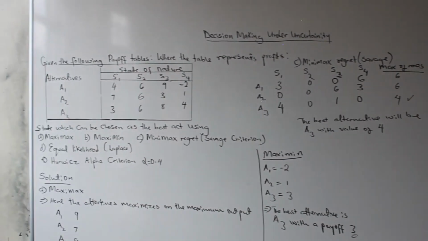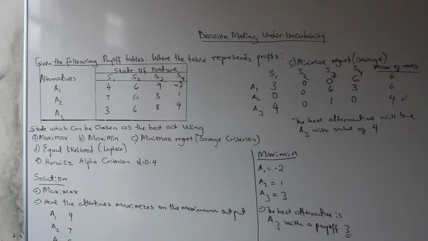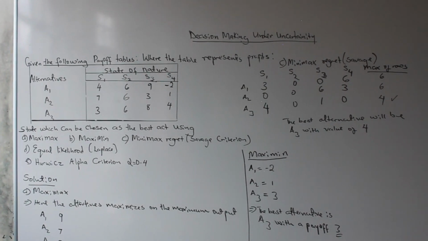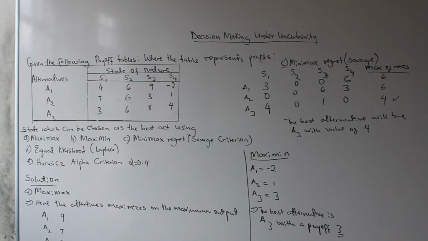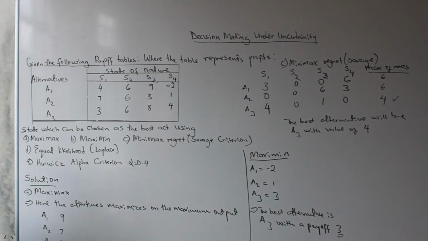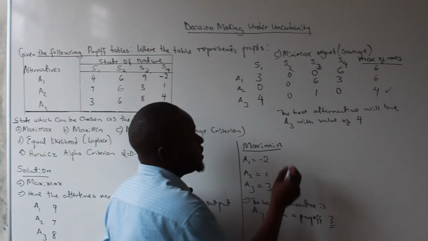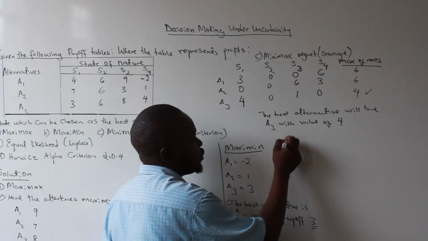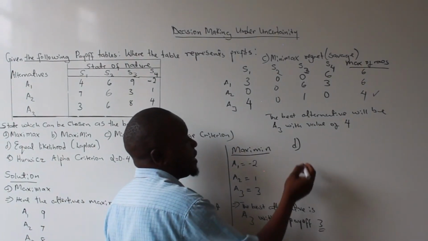Now we have D, which says equal likelihood or Laplace. Laplace has a formula where, let's write here, question D, Laplace.